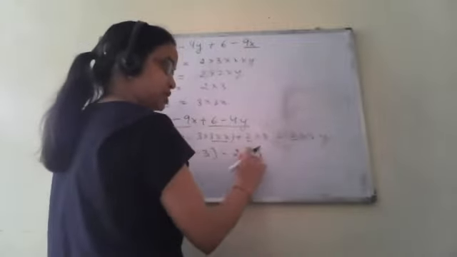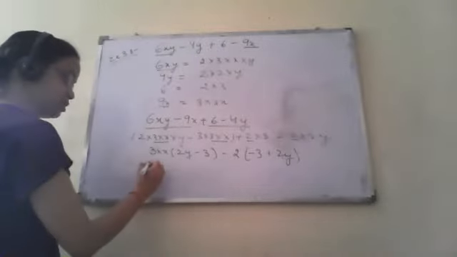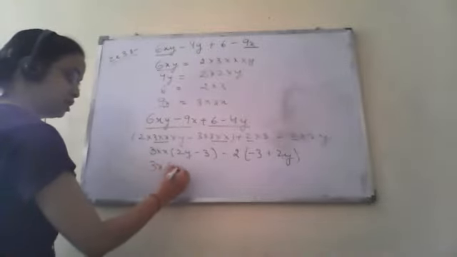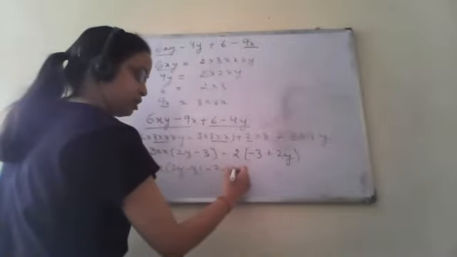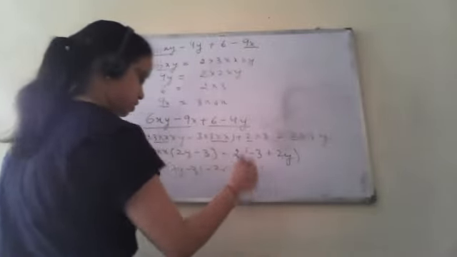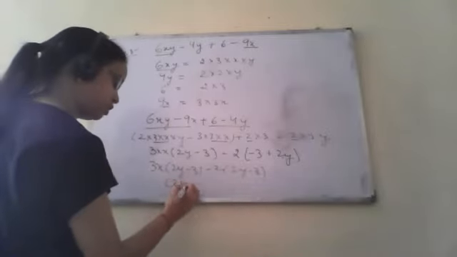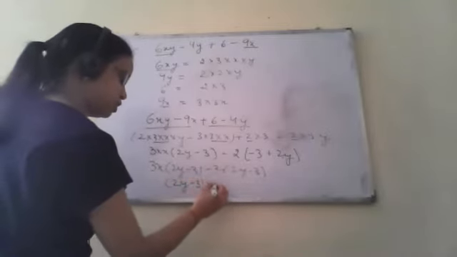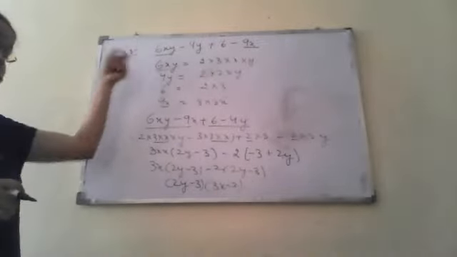It will become minus 3 here and plus 2y here. So this is 3x into (2y minus 3), and this is minus 2 into (2y minus 3). Now this 2y minus 3 is common to both the terms. So we can rewrite it as (2y minus 3) into (3x minus 2). These are the factors of this expression.